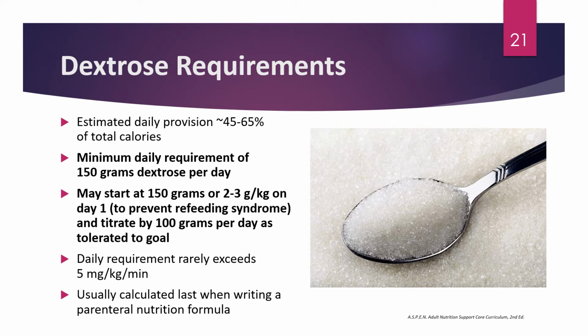The reason we're dosing it so low is that we want to prevent a syndrome called refeeding syndrome. Whenever we have a patient who has not been getting a lot of food recently, which we'll see with a lot of PN patients, they will either be malnourished because they haven't eaten, because of their disease process, or something else going on, or we've held nutrition for them for a certain period of time because PN is a very risky therapy and, as we mentioned before, has a risk of infection.